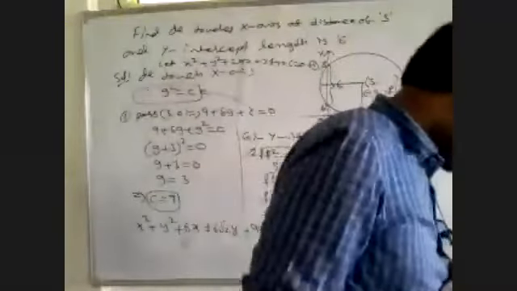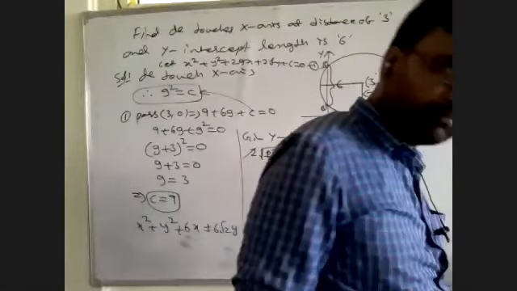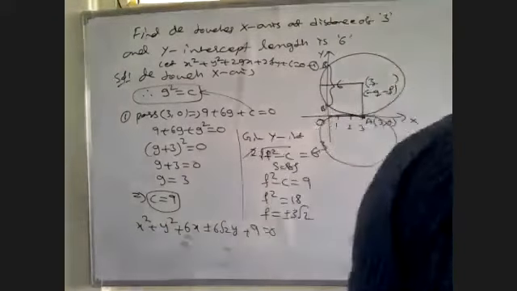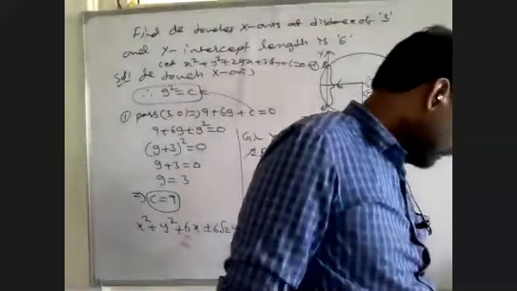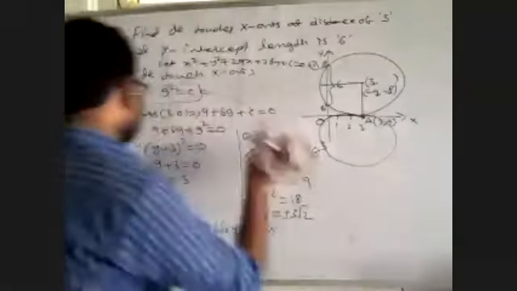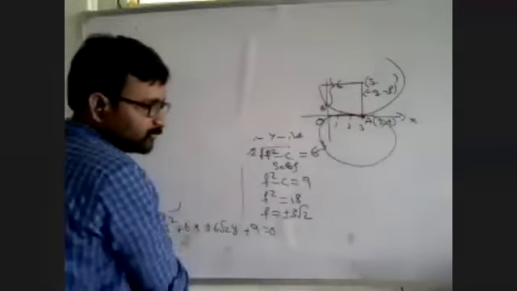Next, secant and chord. You already know about secant and chord. Secant means a line intersecting at distinct points, not with end points.